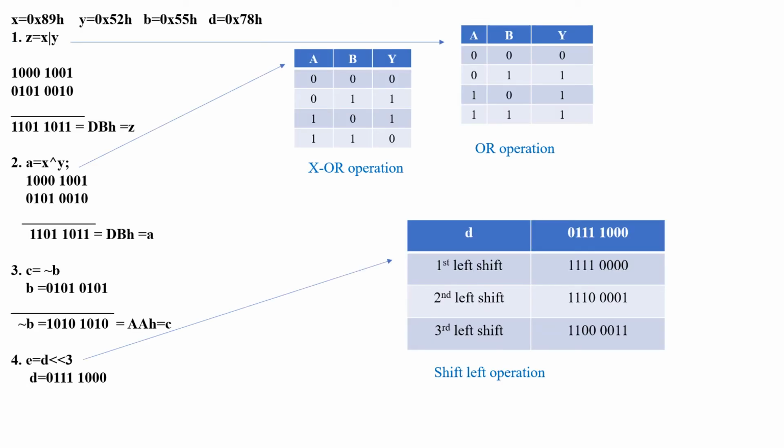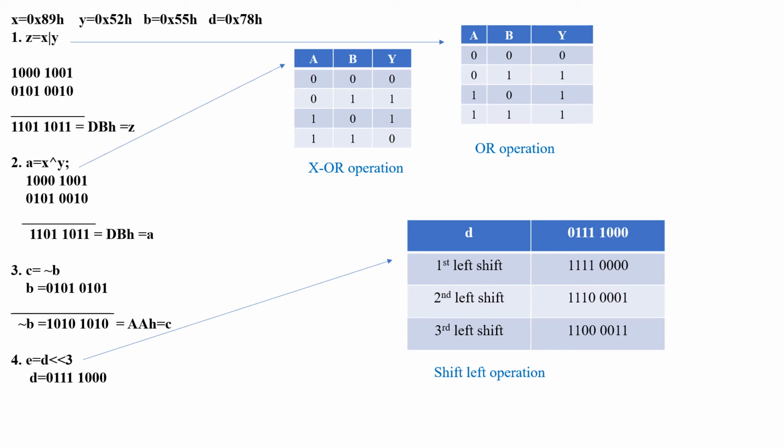Now let's see how the result is created. The first operation is z is equal to x OR with y. Here I am displaying all these input values. Now you take the value for x, take the value for y also. The operator is OR, so consider the OR operation table.